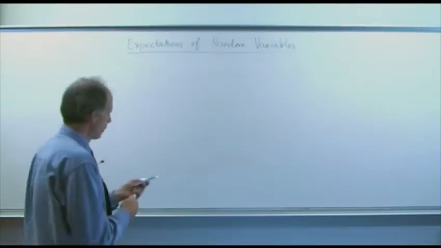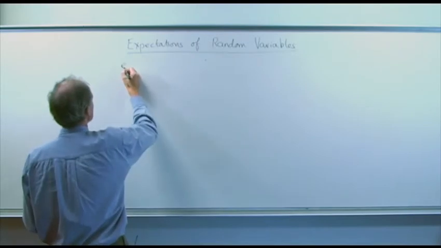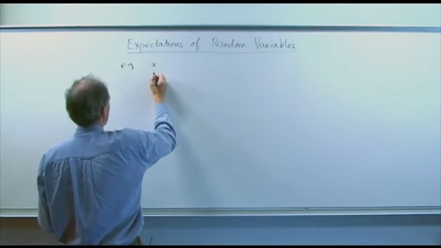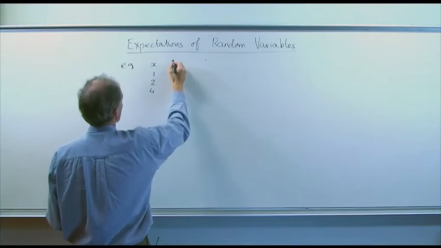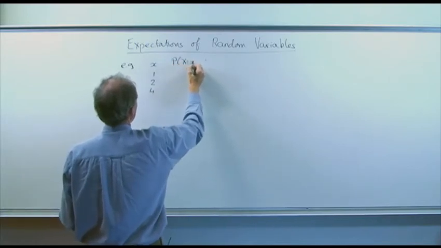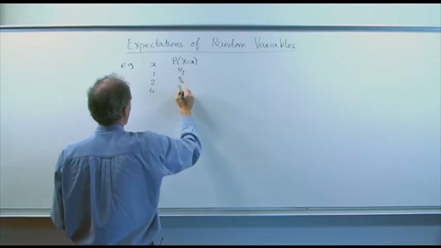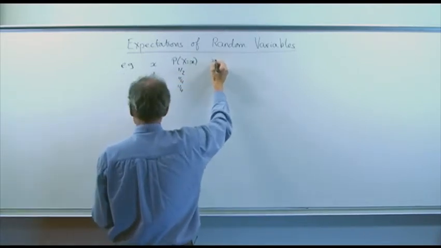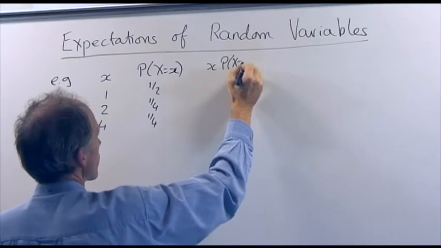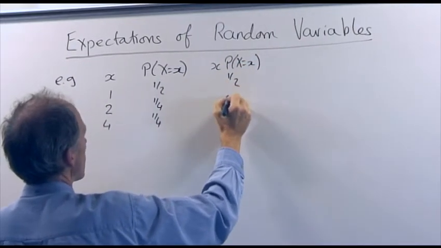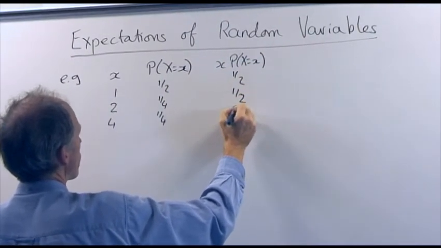So the previous example, we had x taking values 1, 2, and 4. We had probabilities of x: a half, a quarter, a quarter. We had x times the probability, so just multiplying the first two columns together: a half, a half, 1.